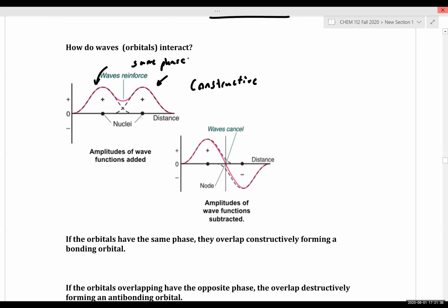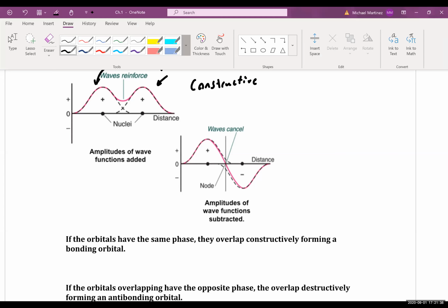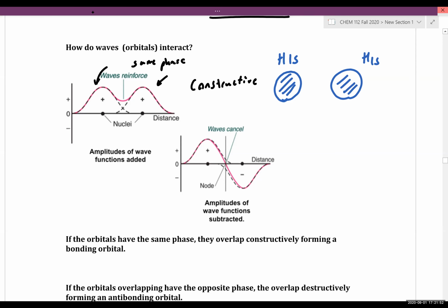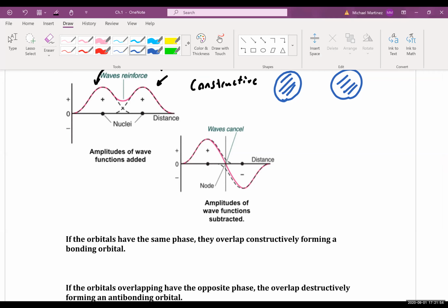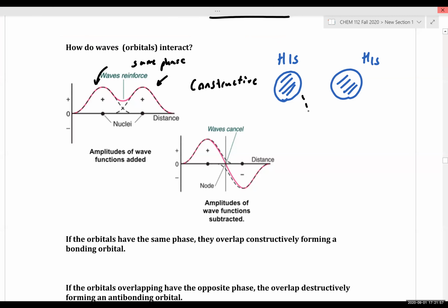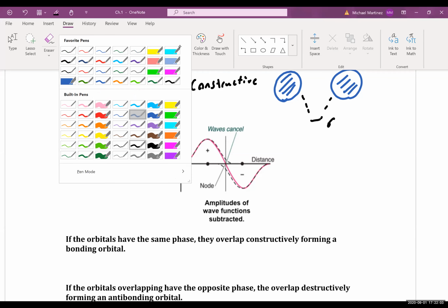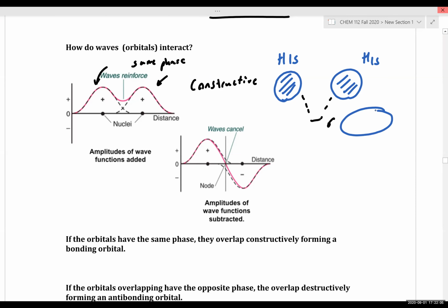An example of constructive interference occurs when we form our typical sigma bond, our typical single bond. If we have two hydrogen 1s orbitals of the same phase, indicated by the same color, they can overlap productively and generate a sigma bonding molecular orbital.